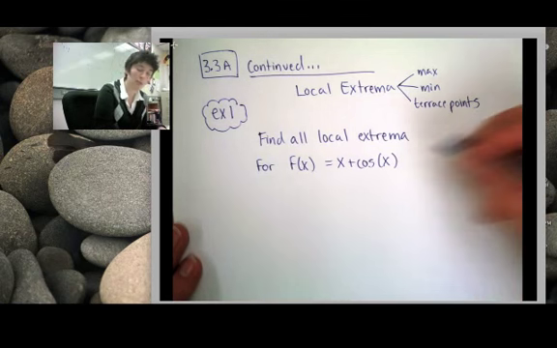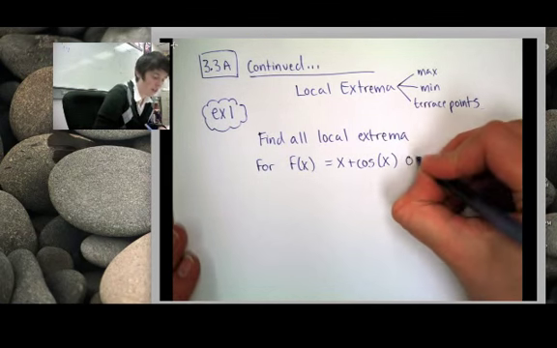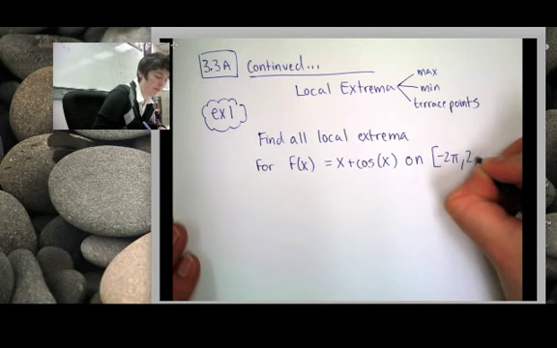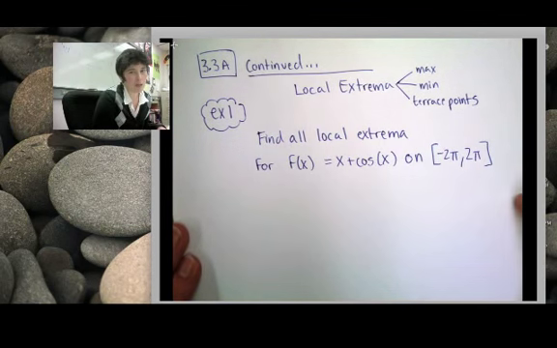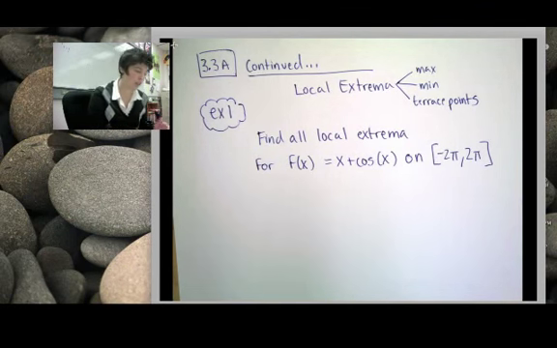And since it's a trig problem and trig graphs go forever, I'm going to say on an interval from negative 2 pi to positive 2 pi. Normally there wouldn't be an interval for any other type of graph. Normally if there's an interval, then it's an absolute max and min that we're talking about, but trig functions kind of have an exception. So here's my setup.